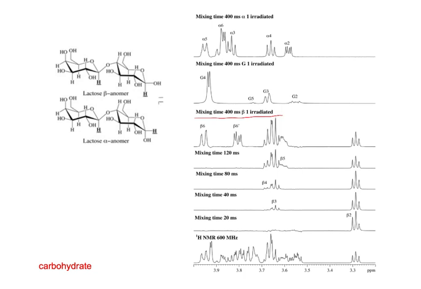So in all of these bottom ones, they irradiated the beta 1 signal. And the good thing here, too, is these anomeric protons are all well resolved from one another. And this is showing what they do as they increase the mixing time.